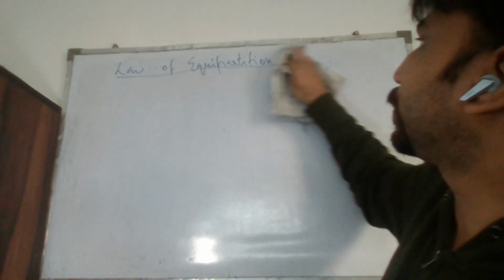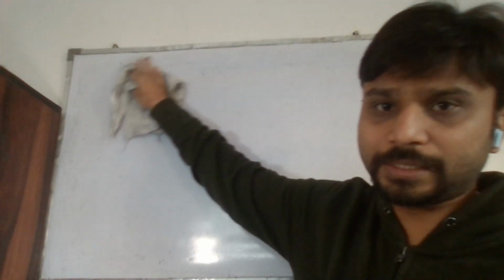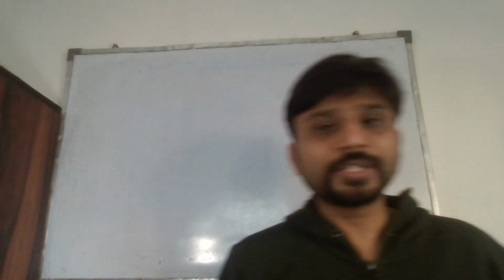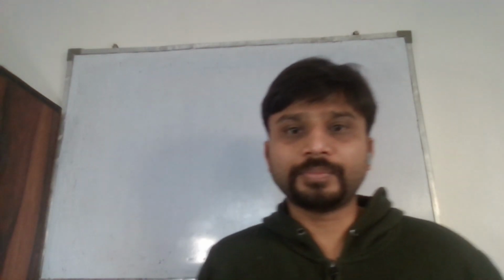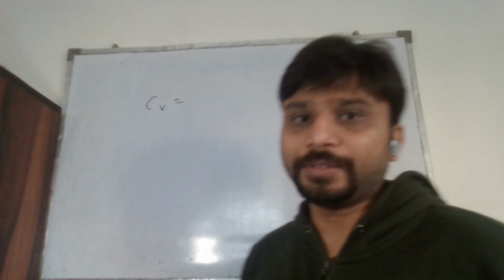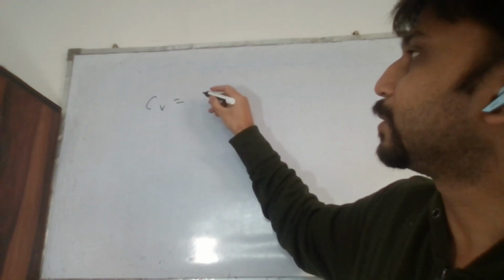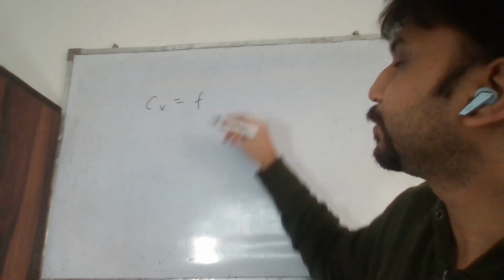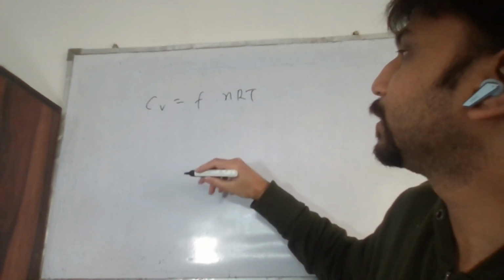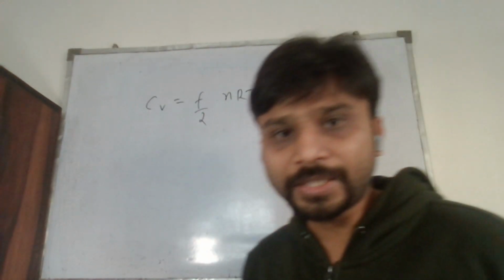So this is actually what explains what we learned about molar specific heat. Molar specific heat said that the internal energy of the gas, that is CV per mole, is equal to degree of freedom F into moles into RT by 2, right?